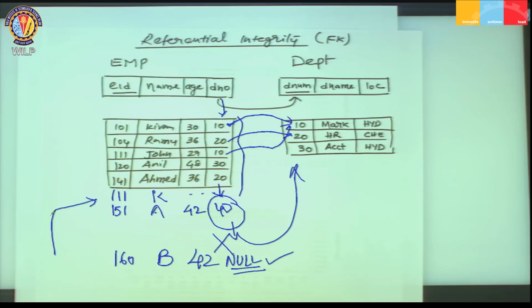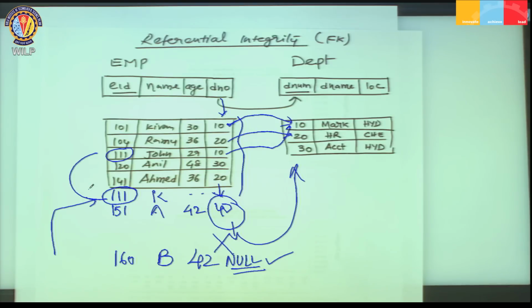It definitely throws a primary key constraint violation error, because there already exists an employee with employee ID 111. It is a clear violation of the primary key constraint that has been specified on the relation employee. All these constraints we can specify while defining the structure of the table in SQL. Okay, that we will see at a later point of time.